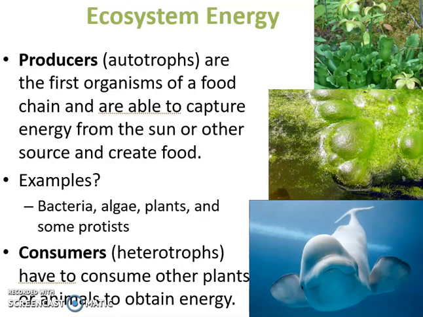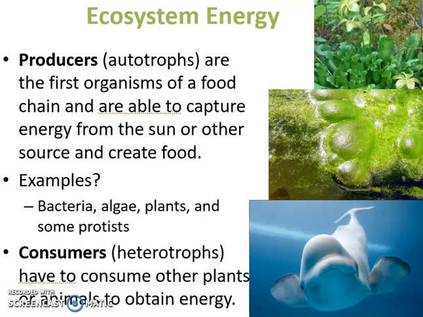And then the other aspect, anything that takes something in order to get their food, those are consumers, also known as heterotrophs. They might have to consume plants or other animals or some other thing in order to get their energy.